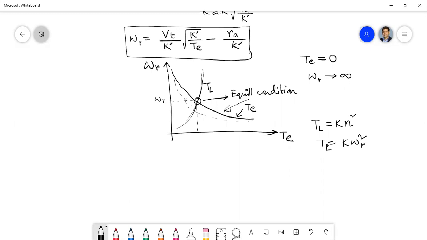The quiescent point is basically the voltage and current coordinates. There you get an intersection between the device characteristics and the load characteristics. So here also, the characteristic for the motor torque is the device, and this is the load. So for any machine, the operating point is always the intersection point between the load and the device.